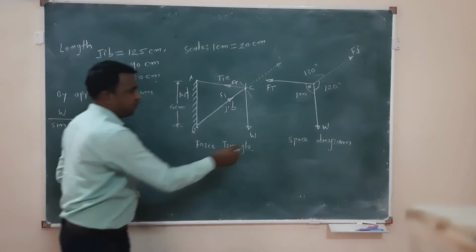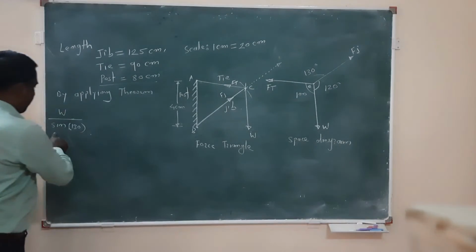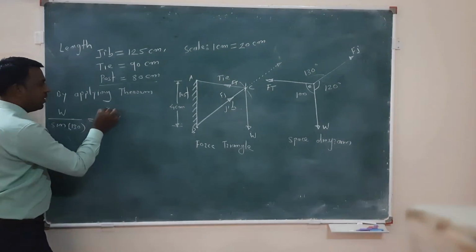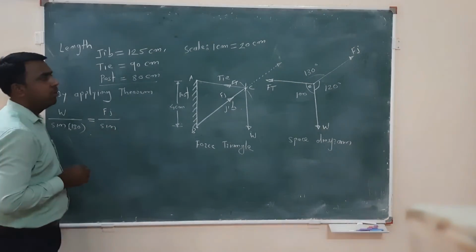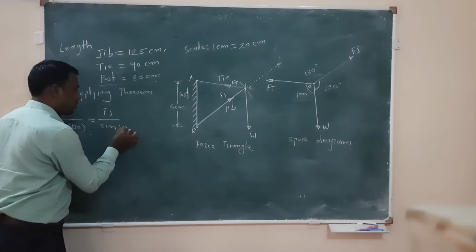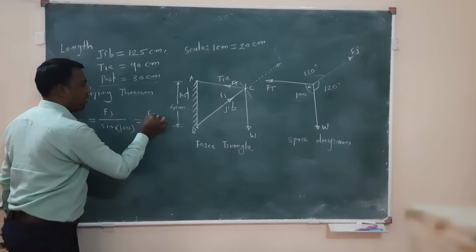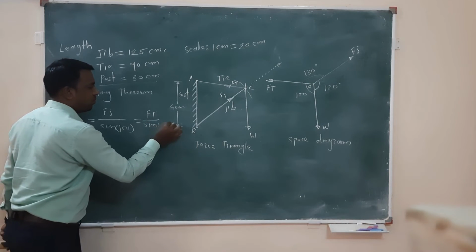W के opposite, ये W है, उसके opposite angle है 130. So W divided by sine of 130 is equal to Fj divided by sine of 100, which is equal to Ft divided by sine of 120.